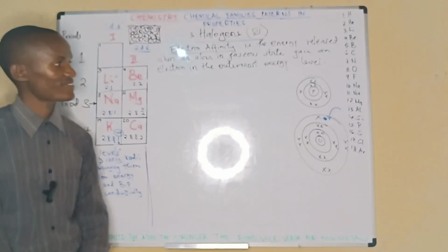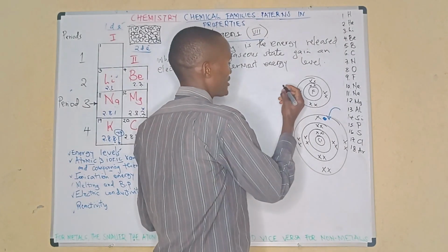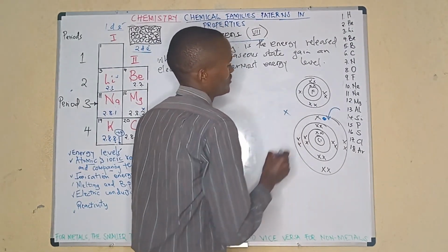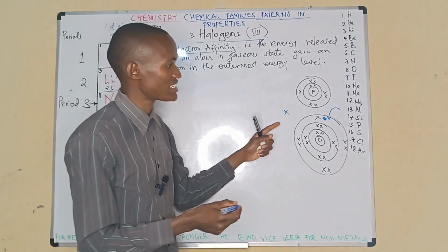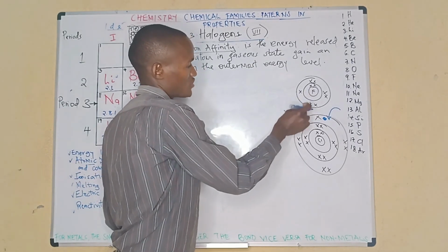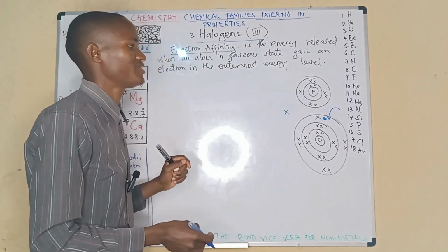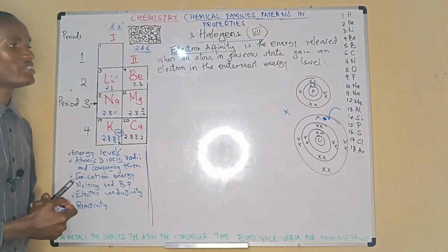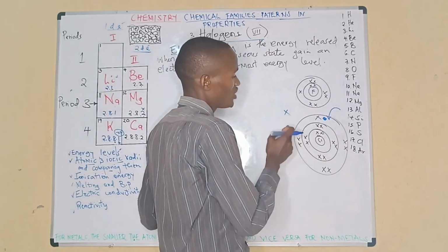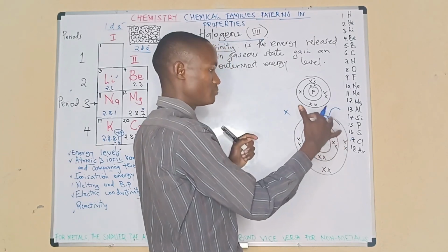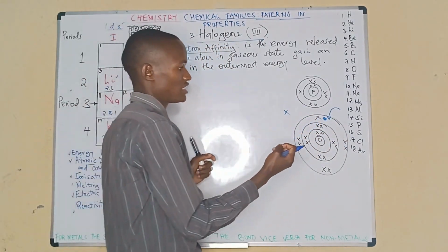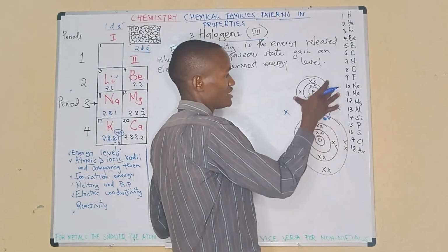And therefore, when there's an electron somewhere, it has to be gained by these two atoms. Let us say it is the same distance from both atoms. Which atom will attract it? Will it be attracted more to fluorine or to chlorine? Remember, chlorine is big, and the nuclear attraction is not so much. It is there, but not as much as in fluorine.